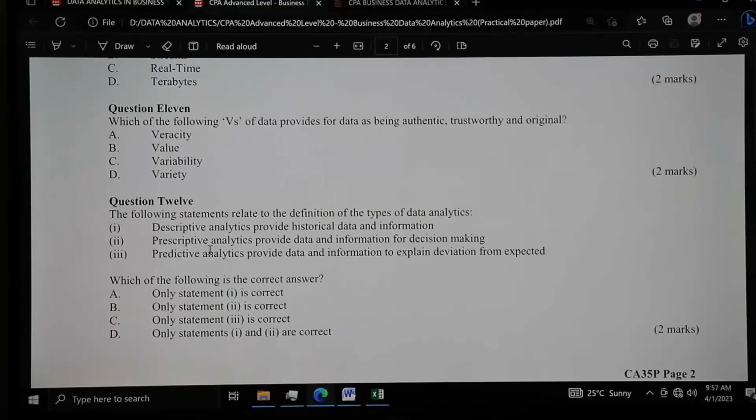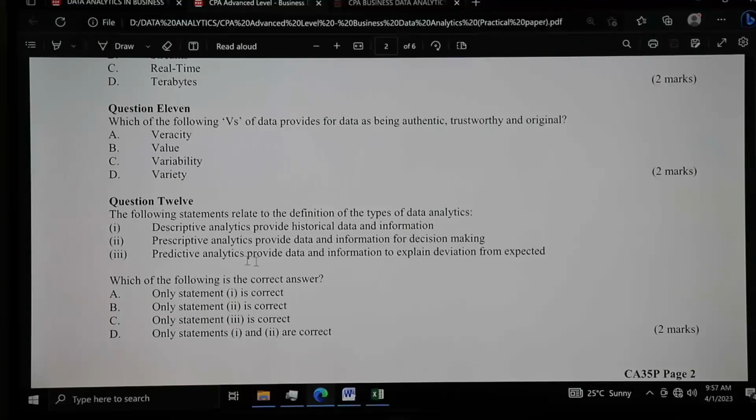Then the next question, question 12: the following statements relate to the definition of the types of data analytics. Number 1, descriptive analytics provide historical data and information. Prescriptive analytics provide data and information for decision making.